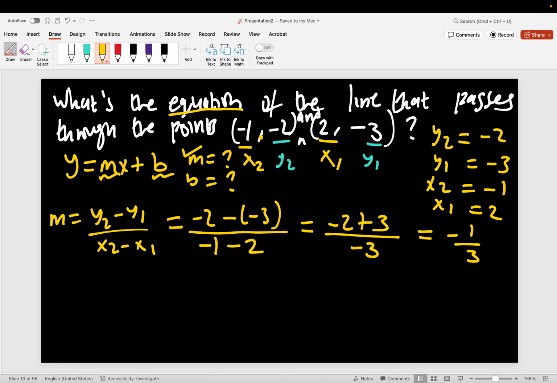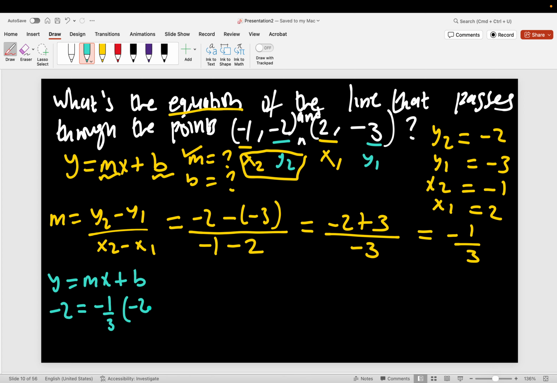We can just choose any of our points, so I'm going to choose these points for my y and x. So y equals mx plus b, but instead of y, we're going to write -2 equals m, which is -1/3, x, which is -2, plus b.